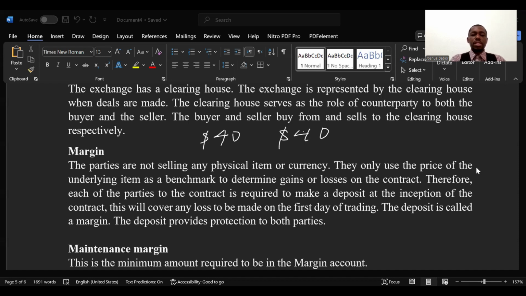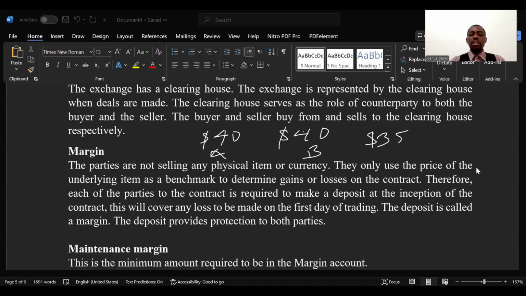So let's assume this is party A and this is party B. If party A makes a loss on the first day of trade, let's assume the loss that party A makes is $35.